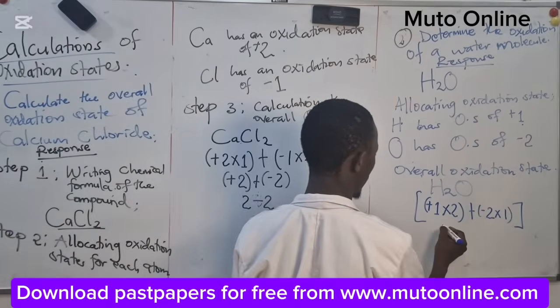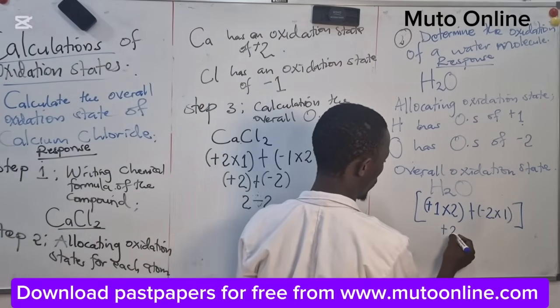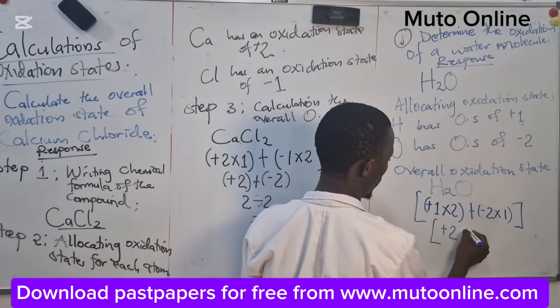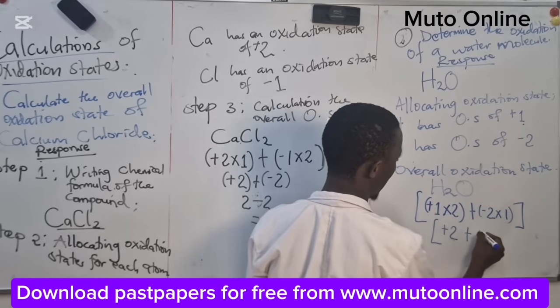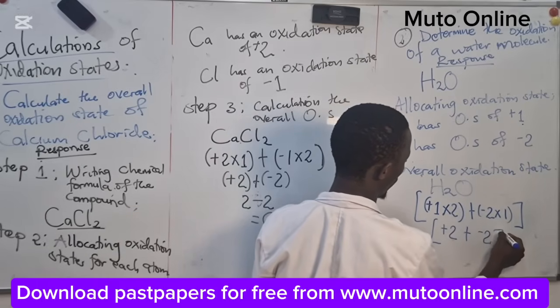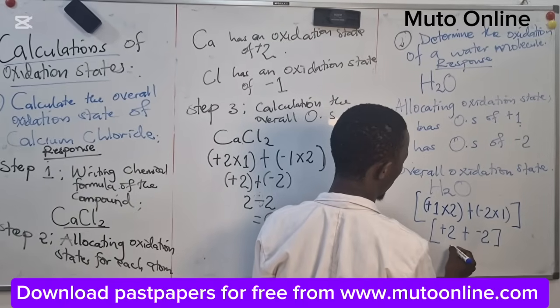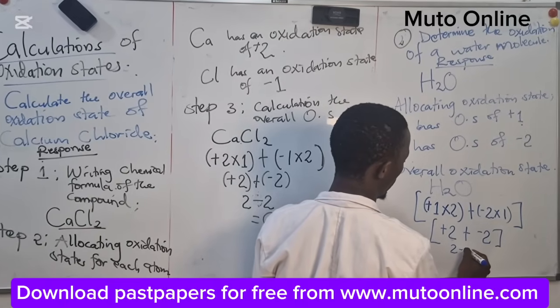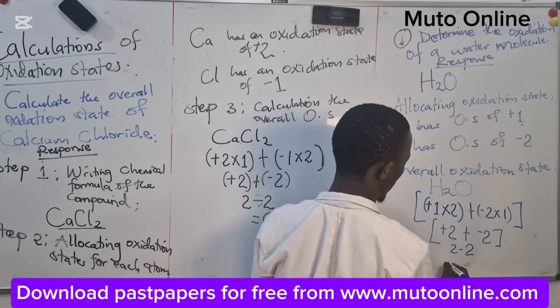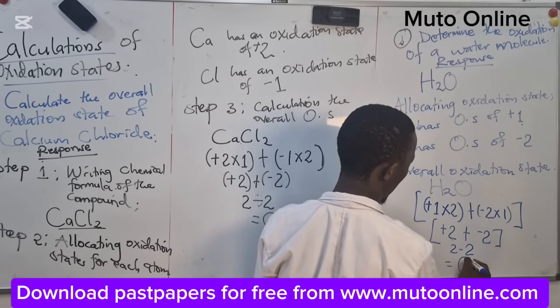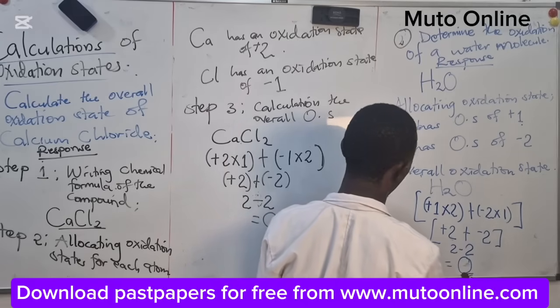So we shall have positive 2 plus negative 2, which is the same as 2 minus 2, giving us an overall oxidation state of 0.